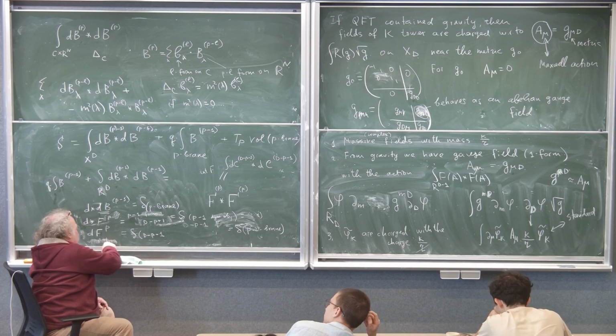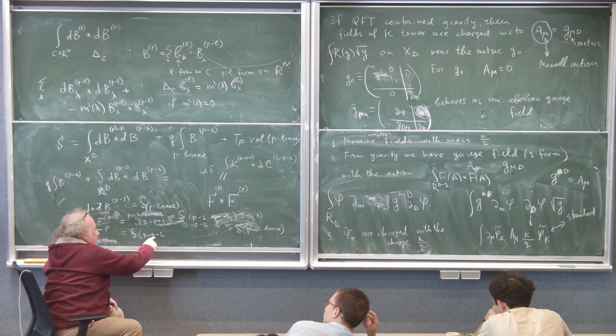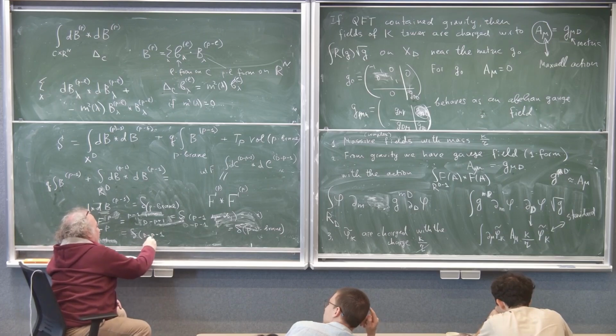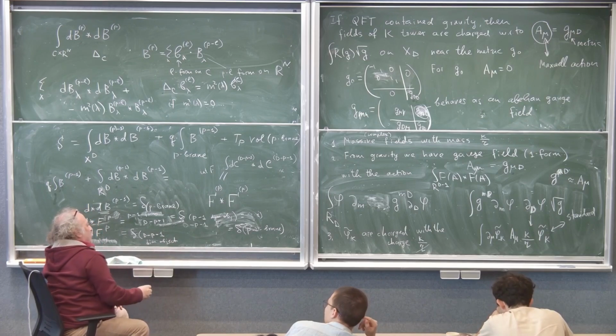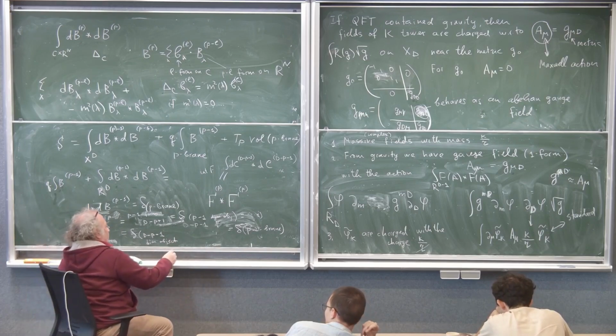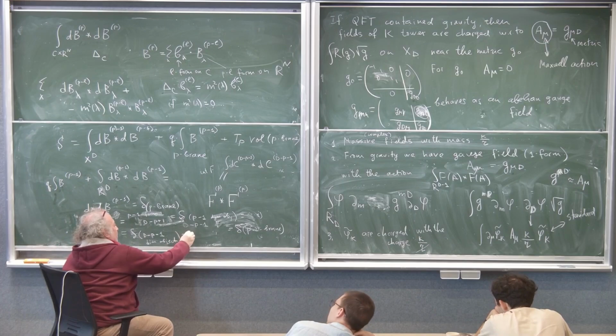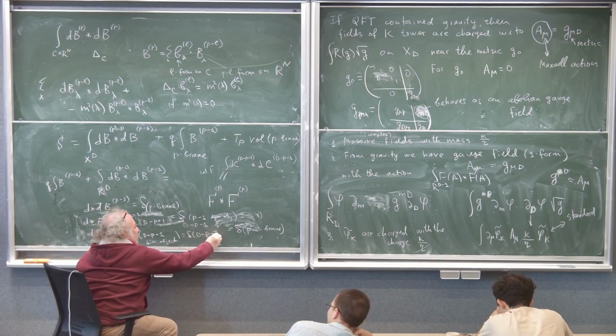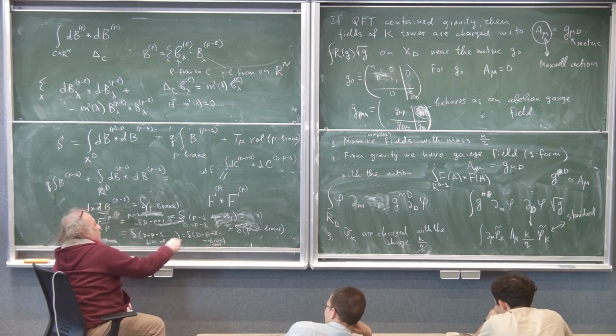So here is p plus 1, D minus p minus 1 dimensional object that people call delta on D minus p minus 2 brane. You see, I subtract. Now it works.